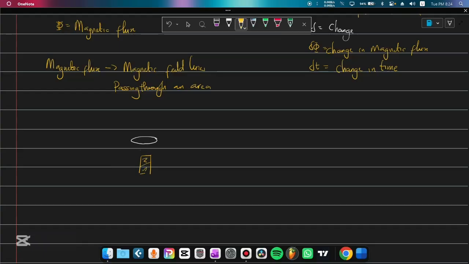The amount of magnetic field lines passing through this particular area is the magnetic flux. Now imagine I have two magnets, right? I don't even actually have to have a physical magnet. But you just need to understand that in a magnetic field, let's say this is another loop of wire. Let's say in a magnetic field, the amount of magnetic field lines that passes this area is shown below.